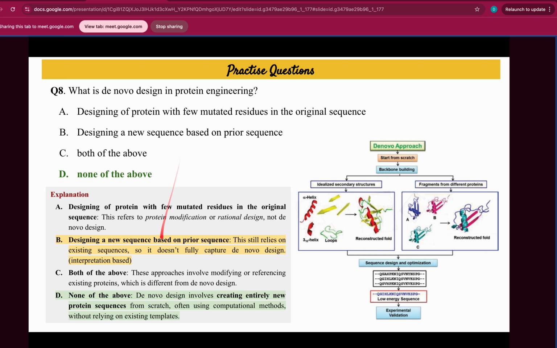So it depends on how you interpret it. If we only consider that this prior sequence means these small stretches, then this is true. Otherwise, de novo means creating an entirely new protein sequence from scratch, often using computational methods without relying on any existing templates.